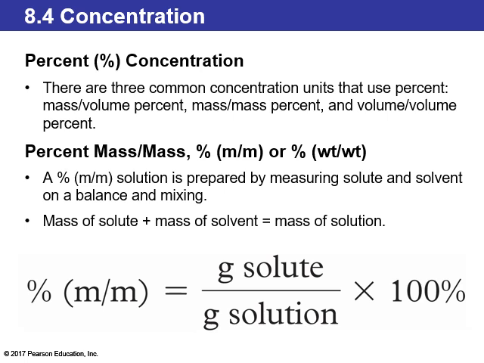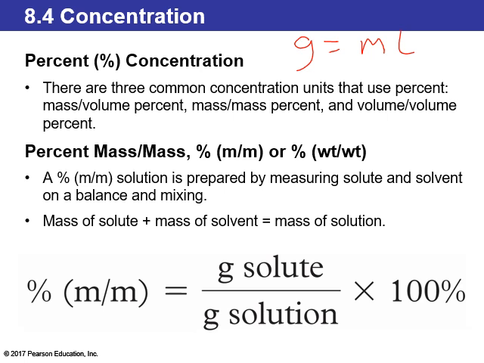One thing I want to point out before we go any further is that when we're talking about percentages, the best units to use are grams for mass and milliliters for volume. The reason for that is water is going to be our most common solvent, and 1 milliliter of water weighs 1 gram. 1 milliliter of water has a mass of 1 gram.